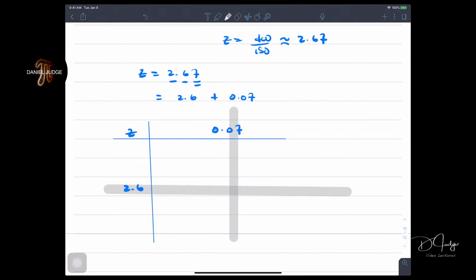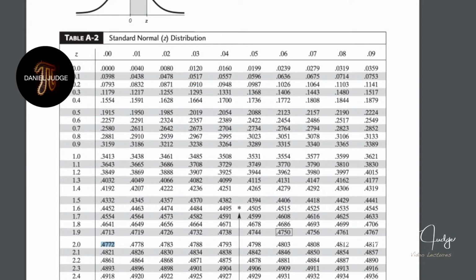Okay, so we're going to look at the table now. The 0.07 column is like the third to the last. And then you need the 2.6 row. So I see 4808. Let's double check here.